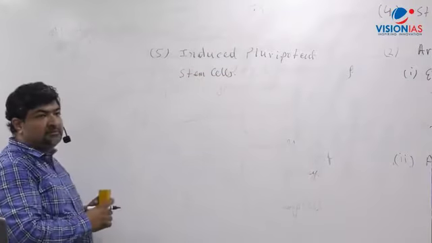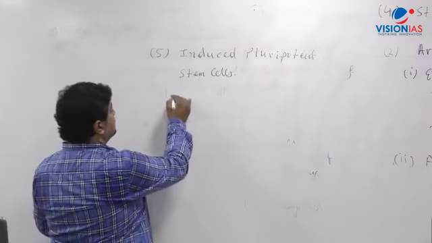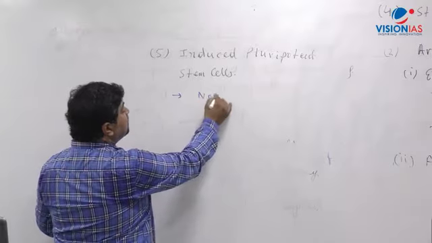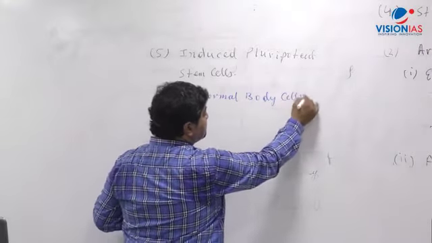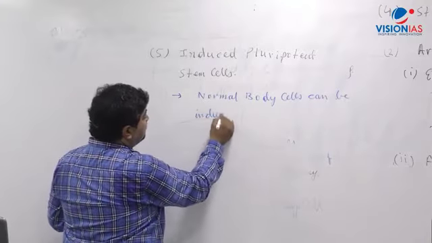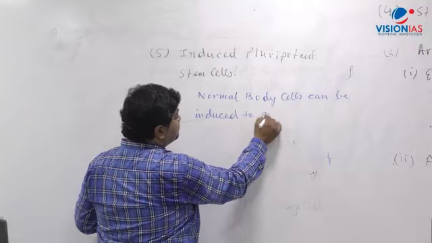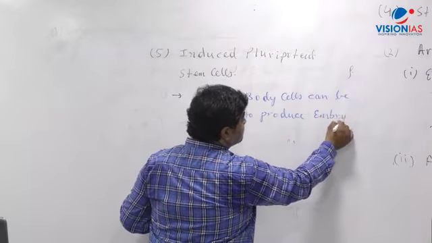iPSC. Now what happens in this case is that, I'm writing at the point where normal body cells can be induced to produce embryonic stem cells.